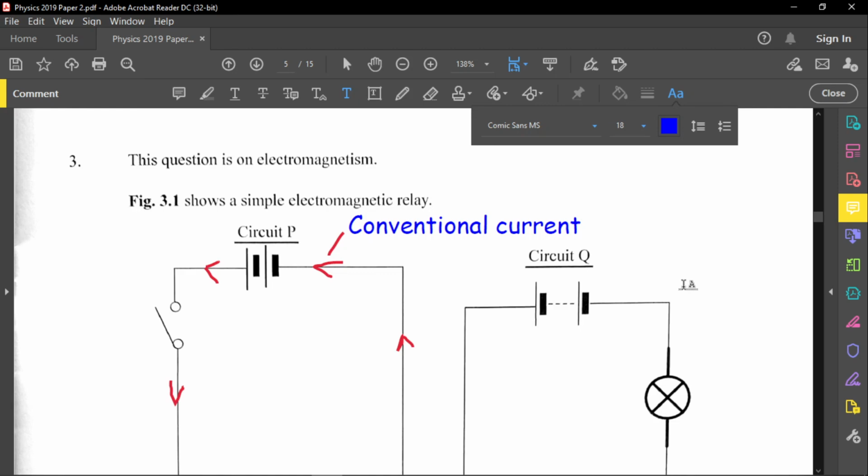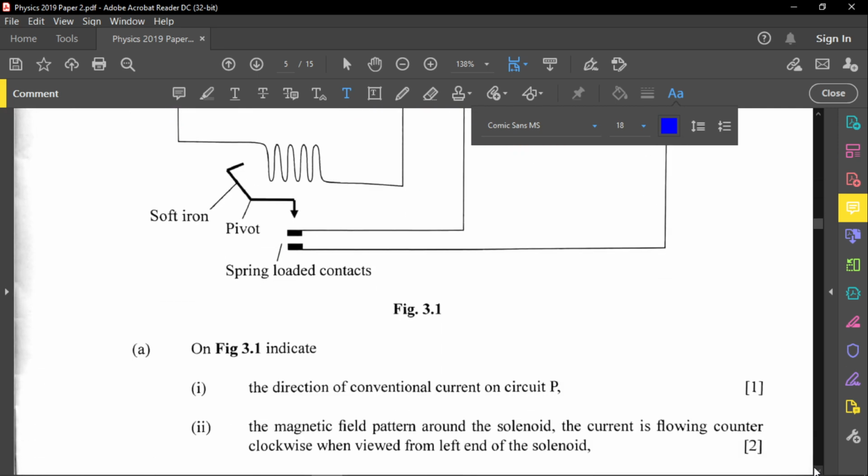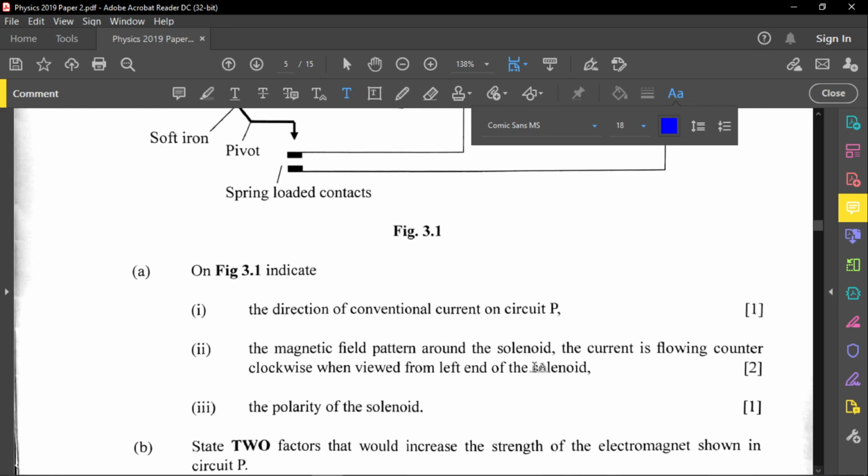The next thing they ask us to do, after conventional current, is to show the direction of the magnetic field pattern around the solenoid. They said the current is flowing counterclockwise when viewed from the left end of the solenoid.